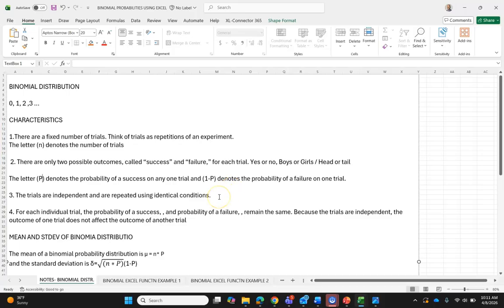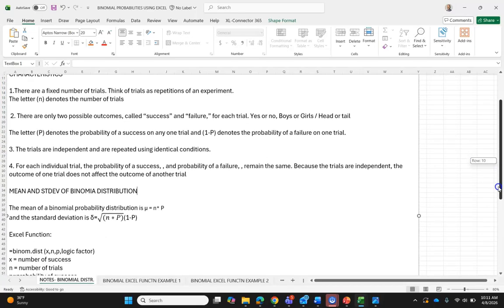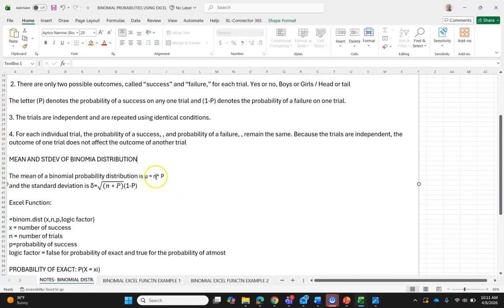So how do we find the average and standard deviation of a binomial distribution? We can find the average of the binomial distribution, which is mu, and it is n times the probability of success, the number of trials times the probability of success.